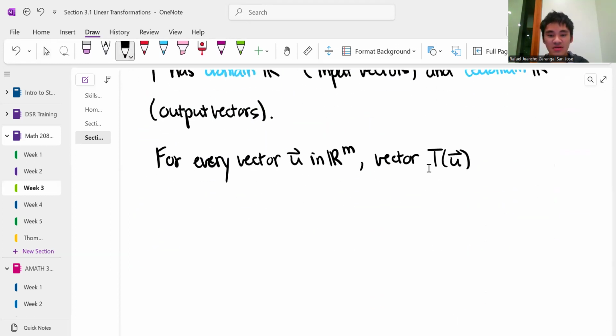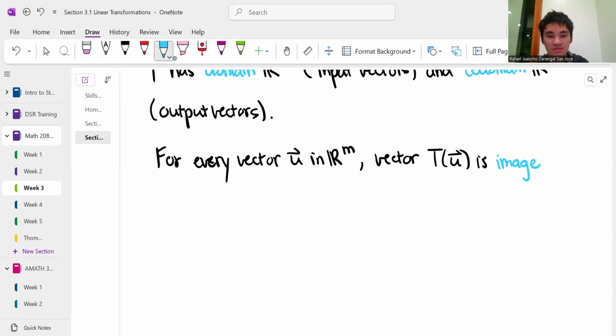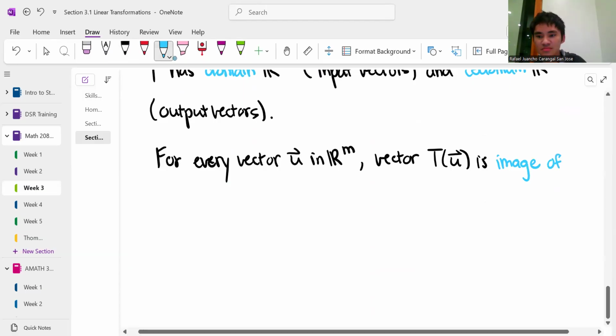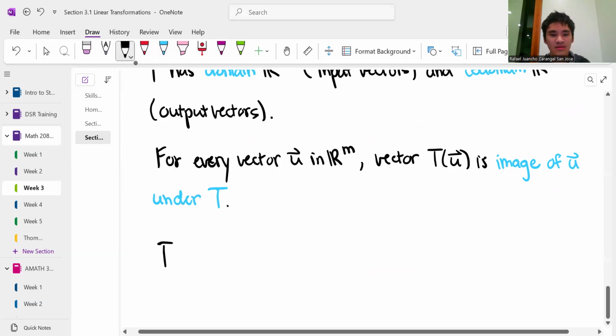This new vector here is what we call the image of u under T. Okay, a lot of info here.